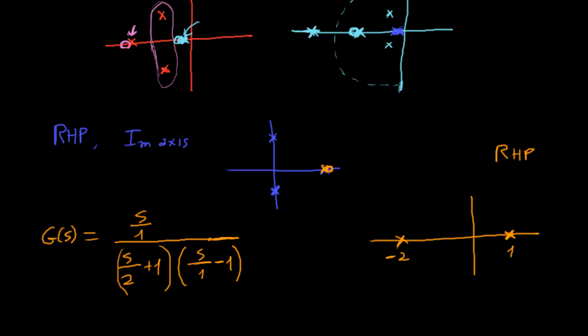If we want to cancel it by using a zero, we introduce a zero in the system, s over 1 minus 1. And that's fine, because this is equal to 1 over s over 2 plus 1, with a step response, for example, like this.